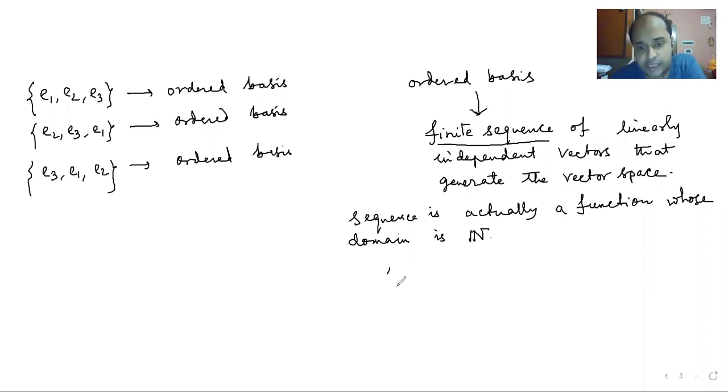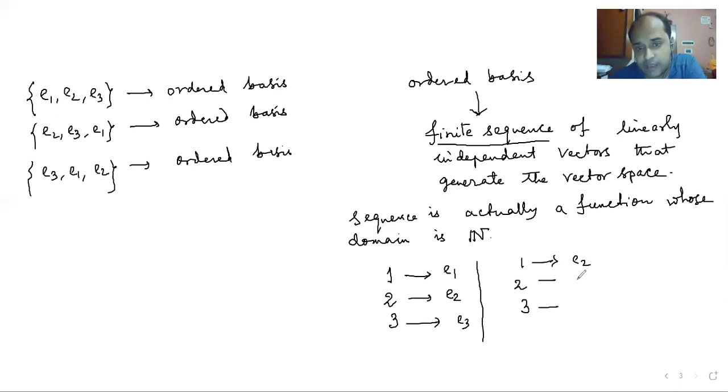So if we consider these three natural numbers 1, 2, 3, 1 has the image E1, 2 has the image E2, 3 has the image E3. That is a sequence. If we consider them once again, 1 has the image E2 for the second case, 2 has the image E3, and 3 has the image E1.